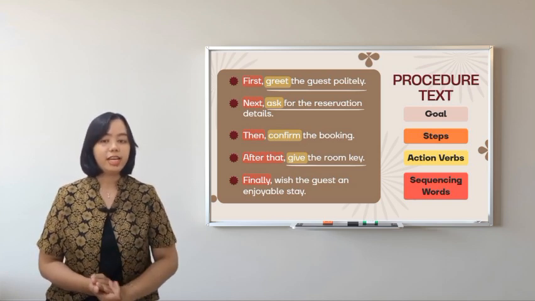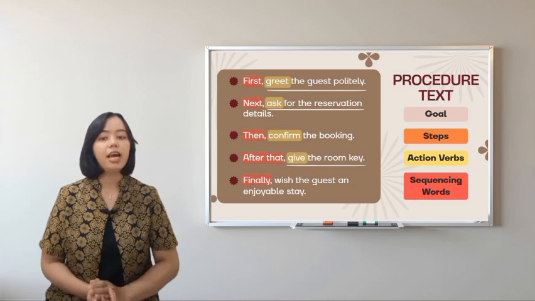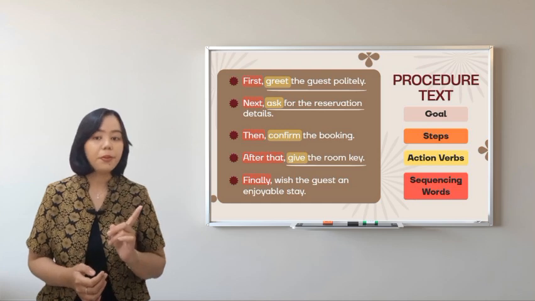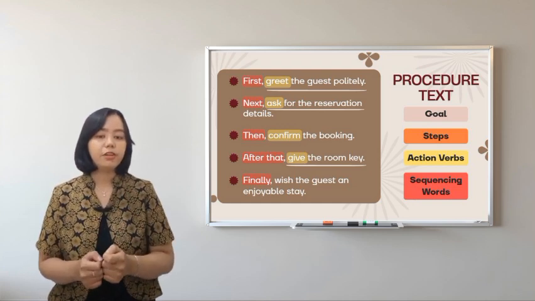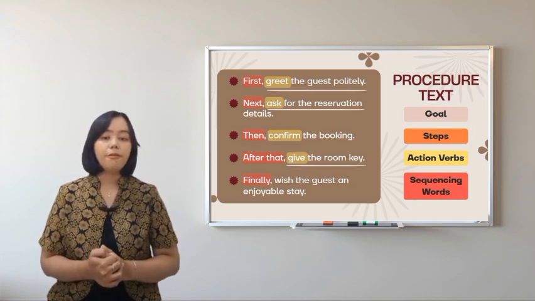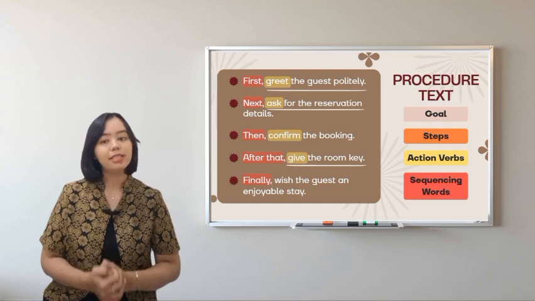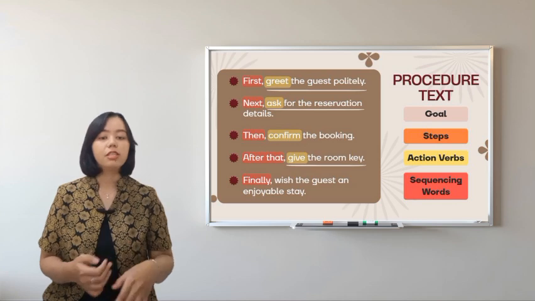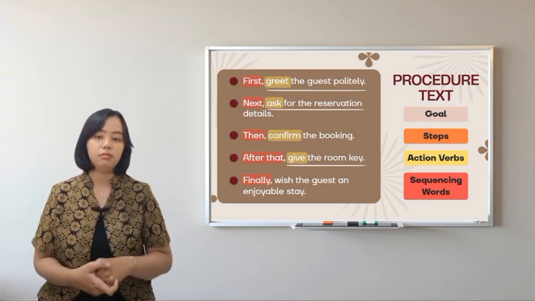The procedure text will not function effectively and several operational problems may occur. For example, giving the room key before confirming the reservation can make the interaction seem unprofessional and disorganized. Guests generally expect a clear, logical flow in service encounters.